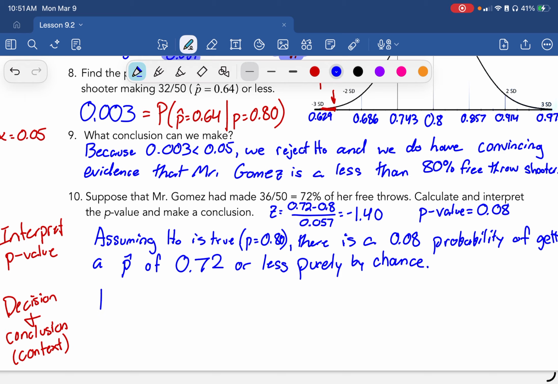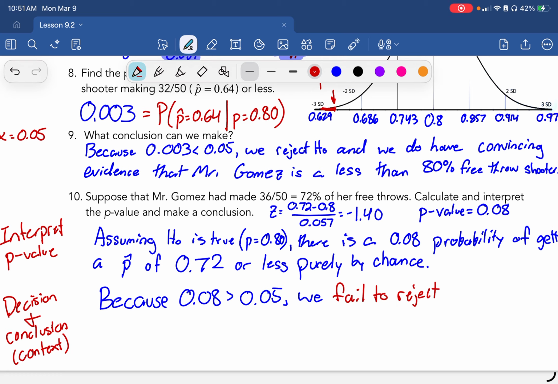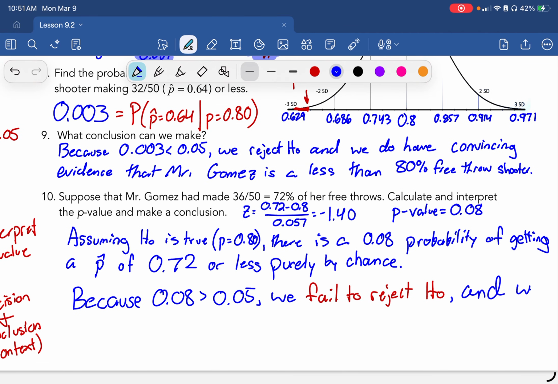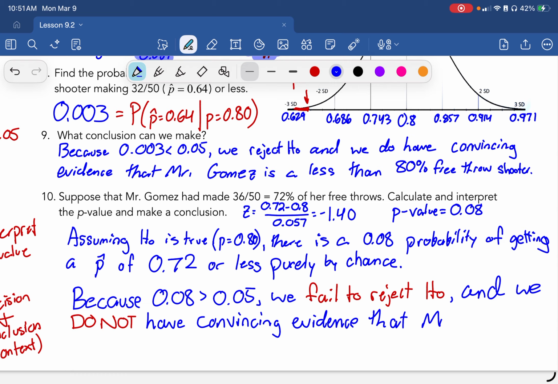So here, because our p-value is greater than 0.05, we this time fail to reject our null hypothesis, and we do not have convincing evidence that Mr. Gomez is a less than 80% free throw shooter.